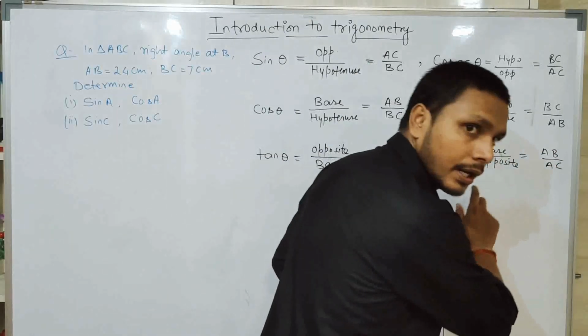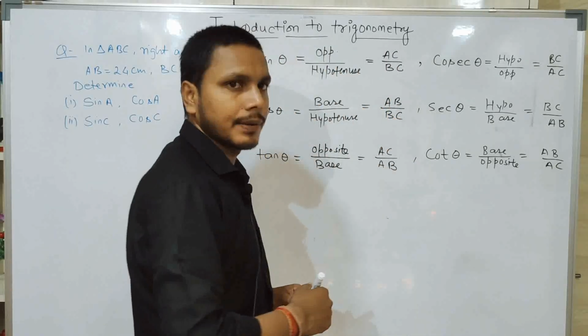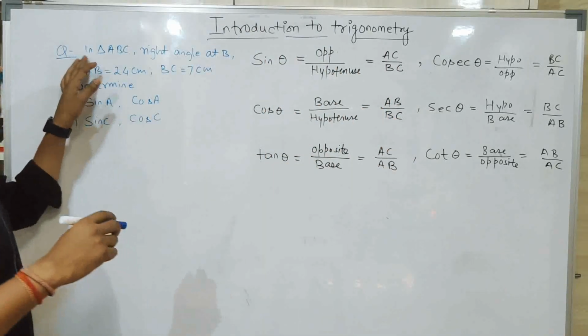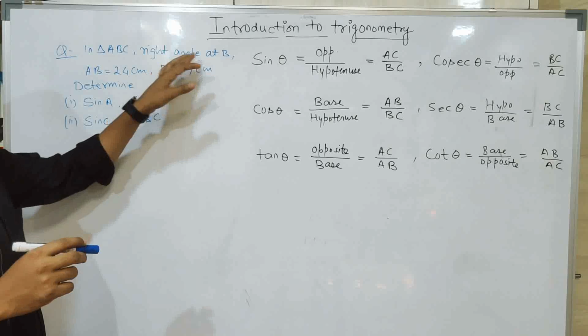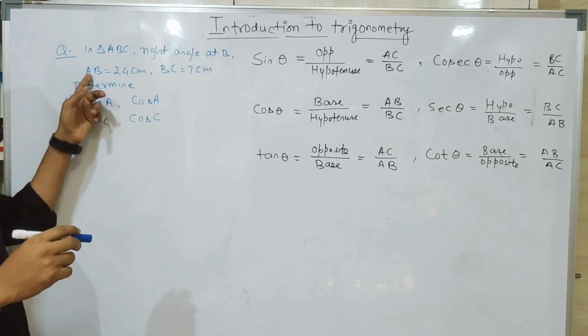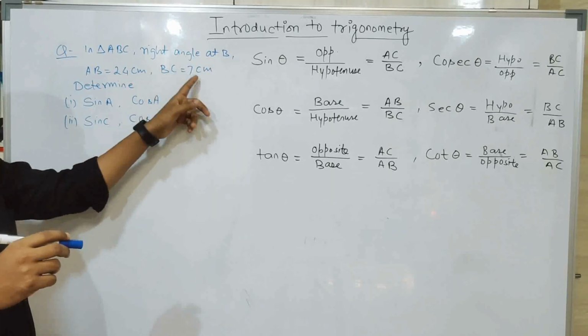Okay, again we will start the question here. In triangle ABC, right angle triangle at B, AB is given as 24 and BC is 7 cm.